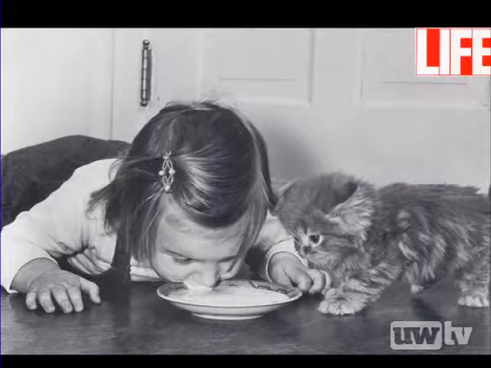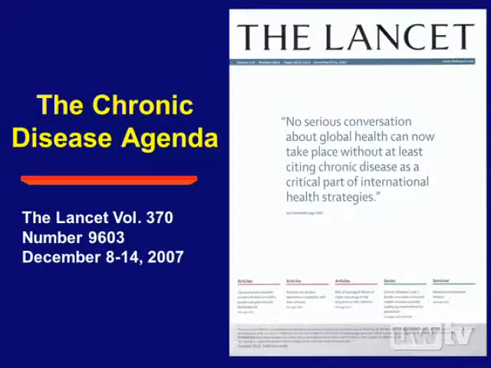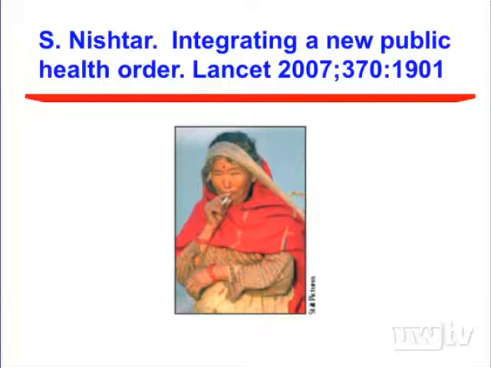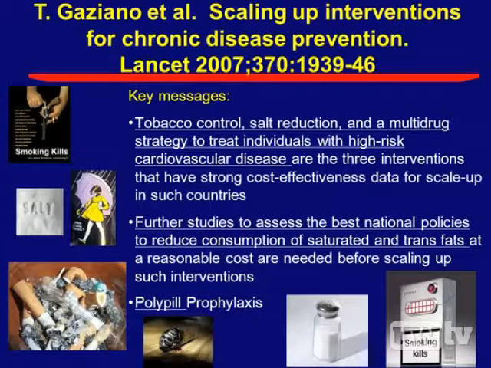Now, switching to the chronic disease agenda, this is the Lancet in 2007. No serious conversation about global health can take place now without at least citing chronic diseases as a critical part of international health strategies. Here's a woman smoking, and an important article that sort of summarized what are the interventions, what are the top 3 priorities.